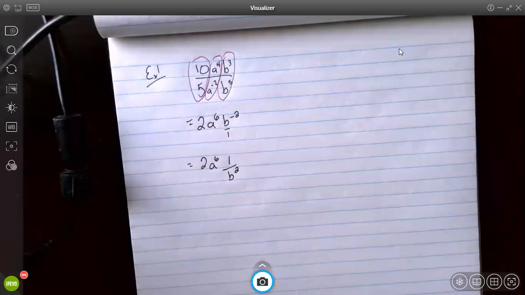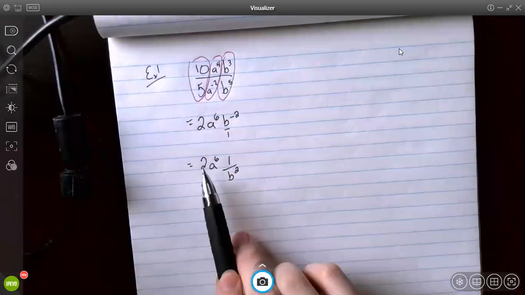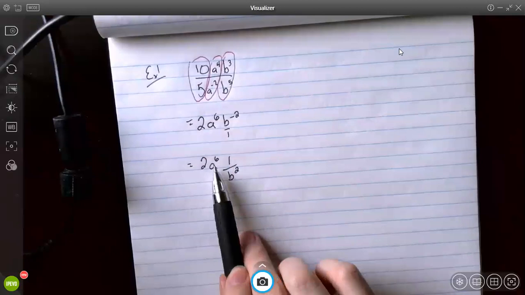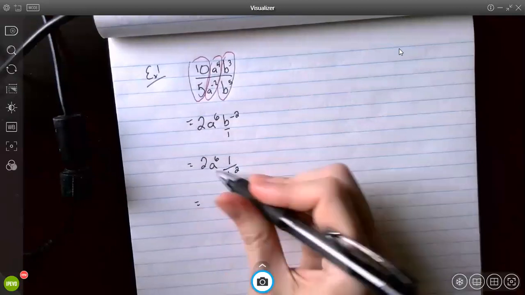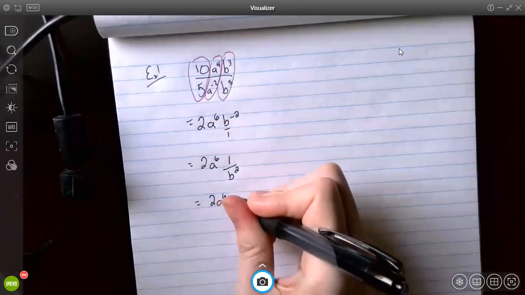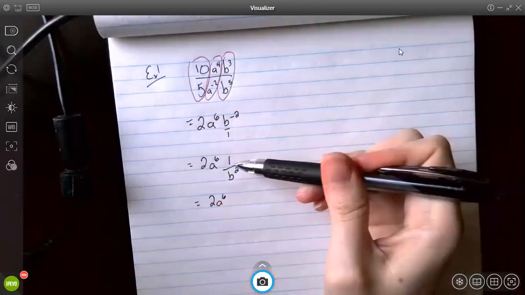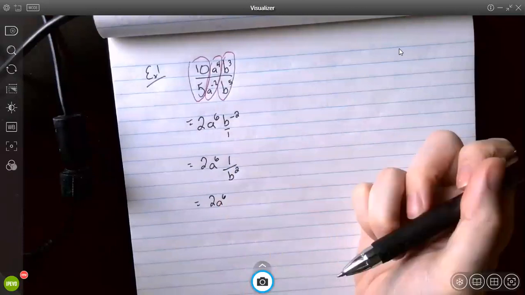And then the last step is to just squish this all together and simplify. So right now I have 2 times a to the power of 6 times 1. And the easiest way to write that is just 2 times a to the power of 6, because multiplying anything by 1 doesn't change what it is.